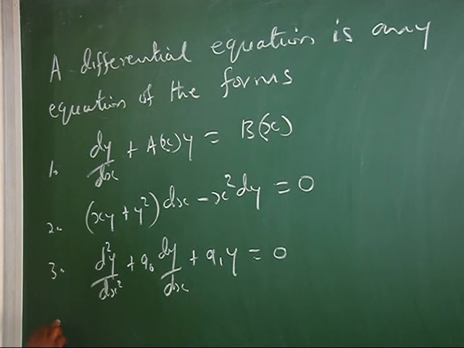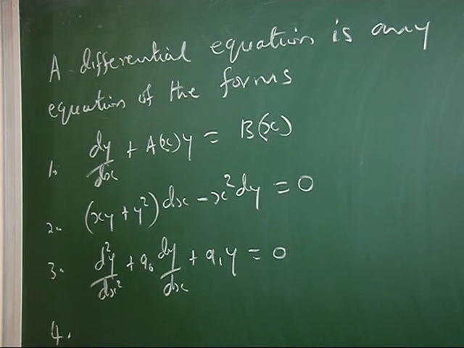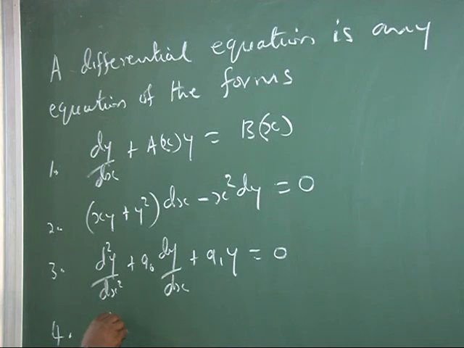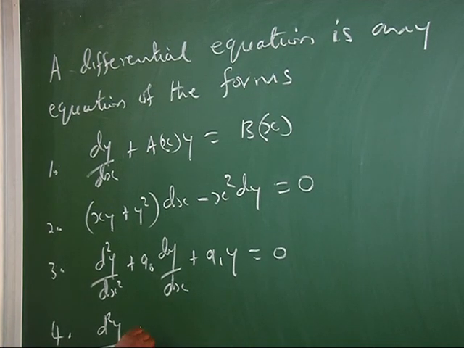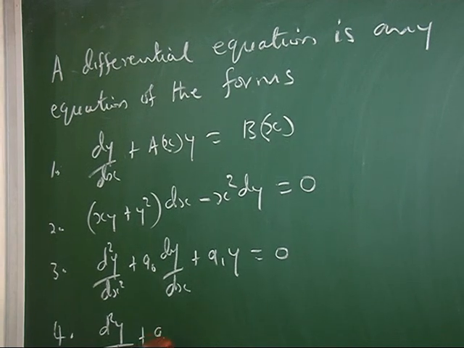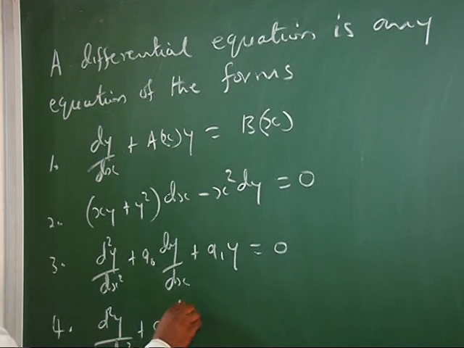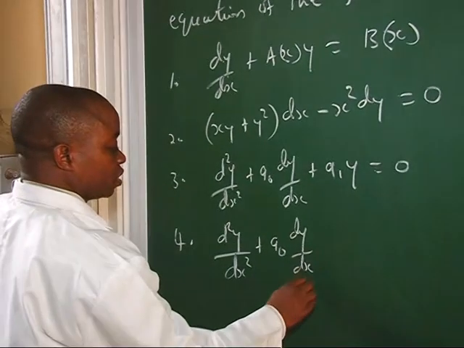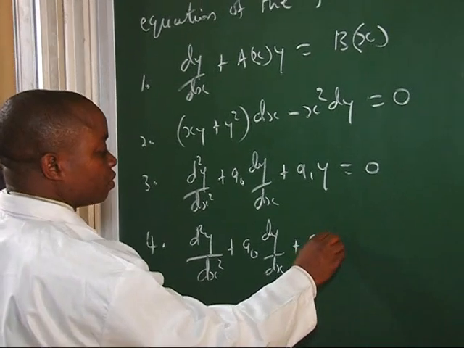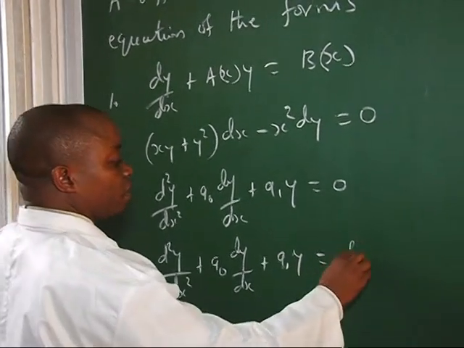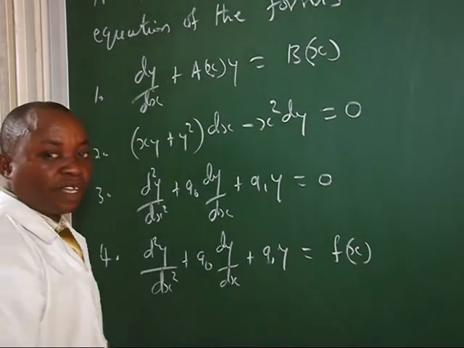Can also be of this form: d squared y over dx squared plus a subscript 0 dy/dx plus a subscript 1 y is equal to f of x.